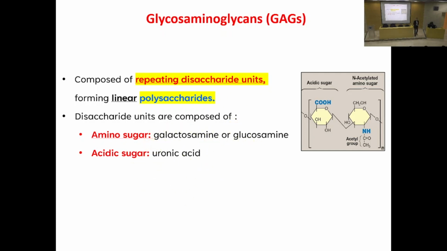The second sugar, this one, is what we call an amino sugar. Why amino sugar? Because it has an amino function, an NH2 function. This is the amino function. That's why we call it an amino sugar.